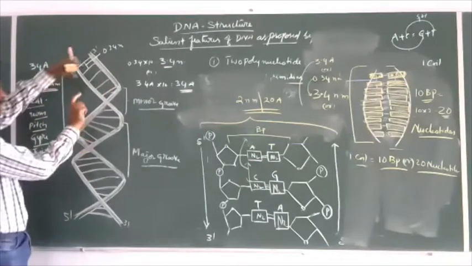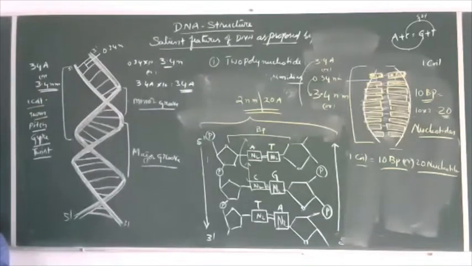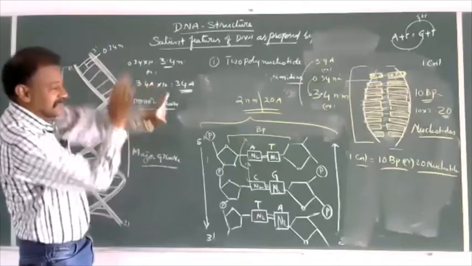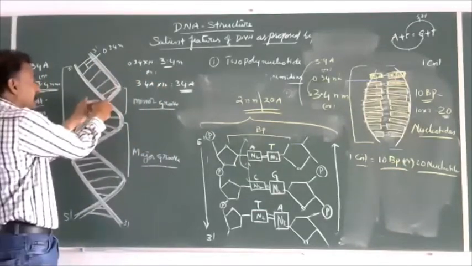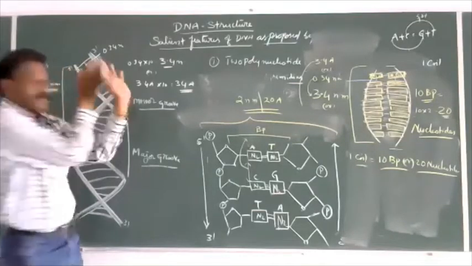During twisting, the two strands have a curvature, and in the three-dimensional structure it looks like a bend, but it has the same distance.